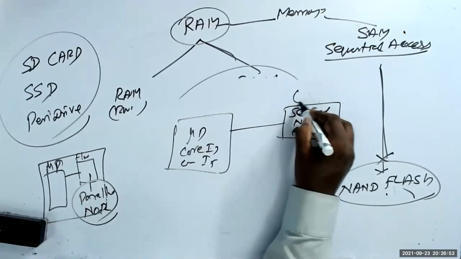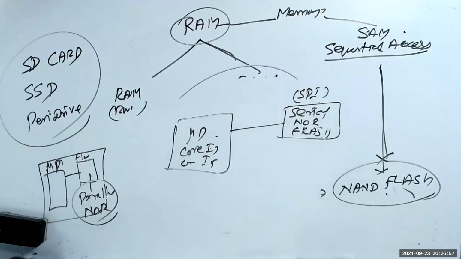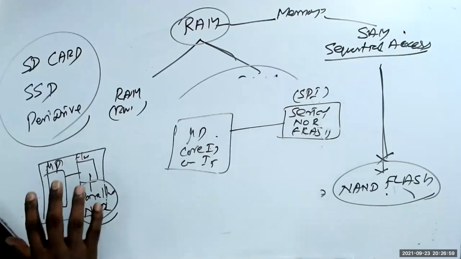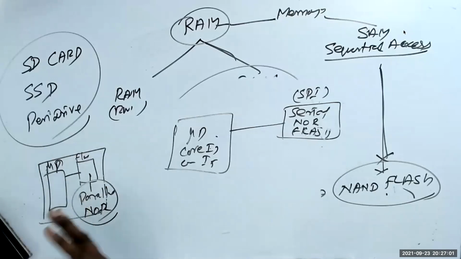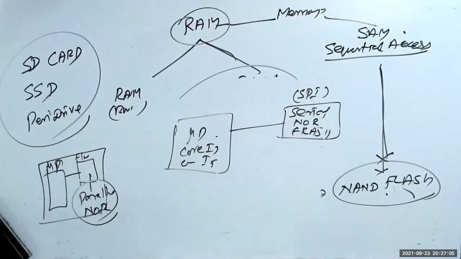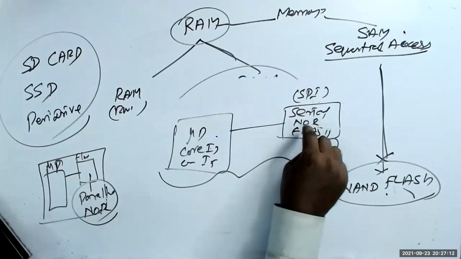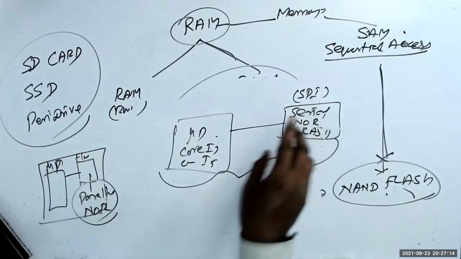That is SPI. That is not connected in parallel. Please understand, there were three. One is parallel NOR flash. All your microcontrollers and microprocessors are connected to parallel NOR flash. But in your PCs and mobile phones, we use serial NOR.